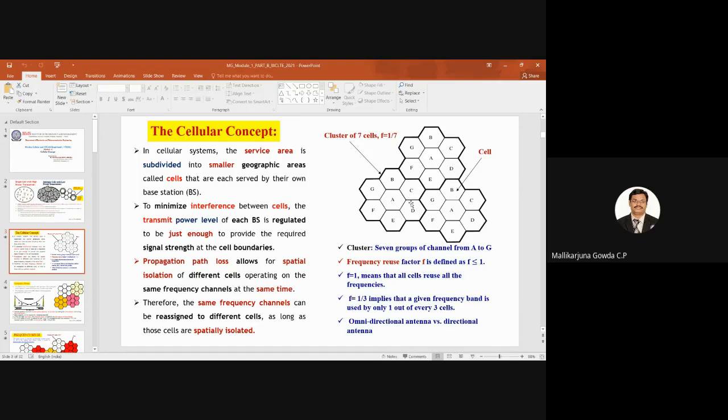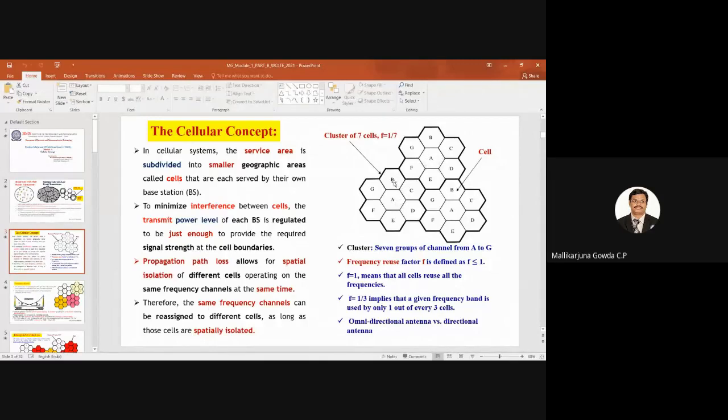So with that, we will be able to use the same frequency channels, which can be reassigned to different cells, as long as those cells are spatially isolated. Here, see, I named one cell A. Whatever frequencies I'm using in cell A, the same frequencies will be used in another cluster, in the cell named A. So we call these co-channel cells.